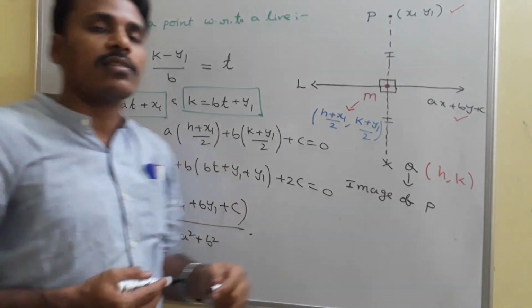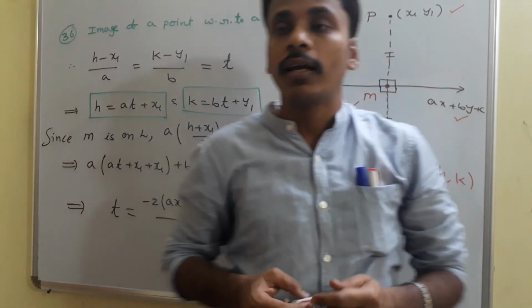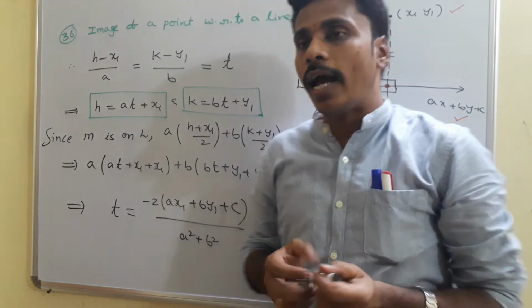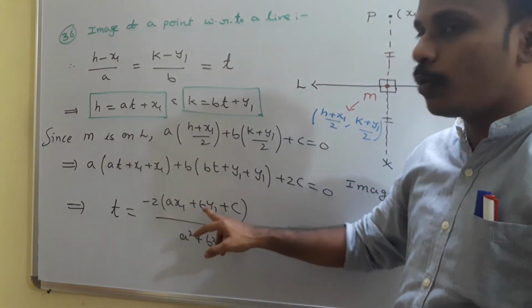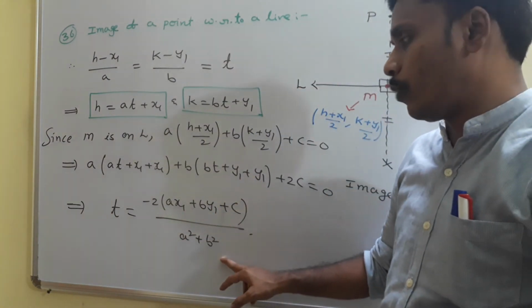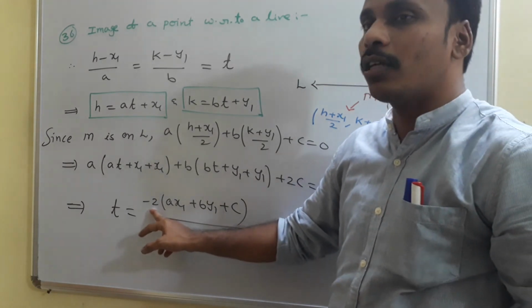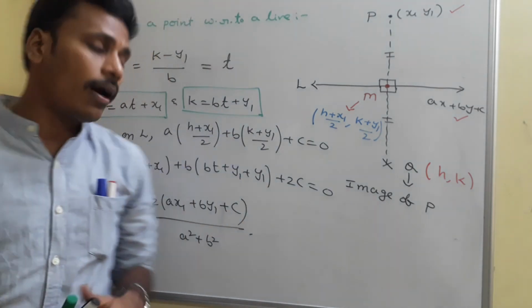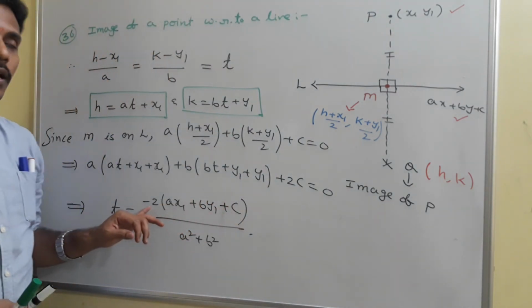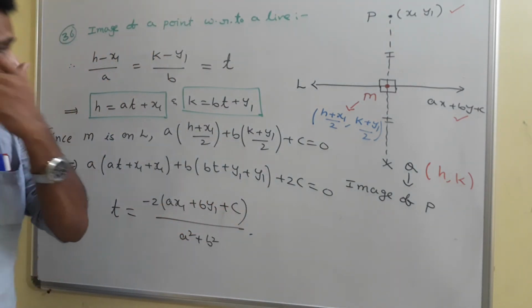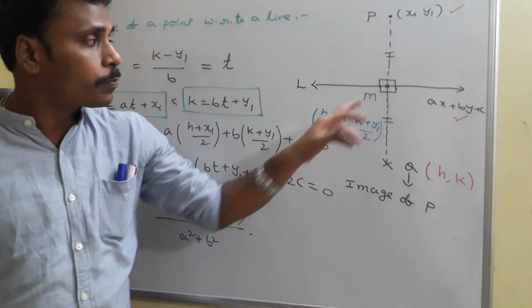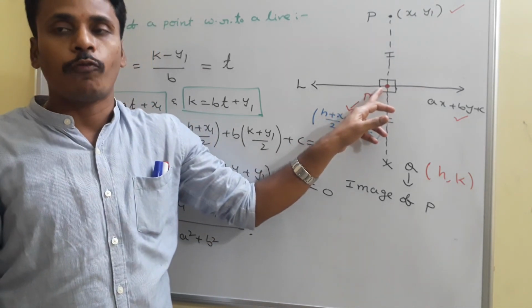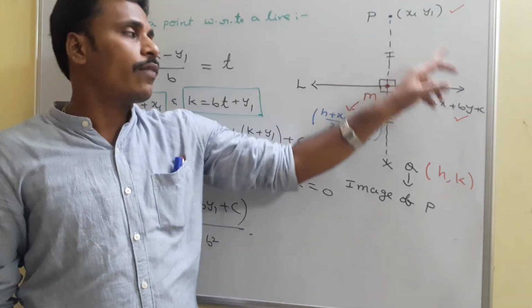Just as we discussed in the case of foot of perpendicular, there you get the t value as minus (ax1 plus by1 plus c) by (a squared plus b squared). You don't have the 2 there, you just have minus. But in the case of image, here you have minus 2, not just 1. In the previous case, we found this particular point M as the foot of perpendicular using x1, y1 and the line.